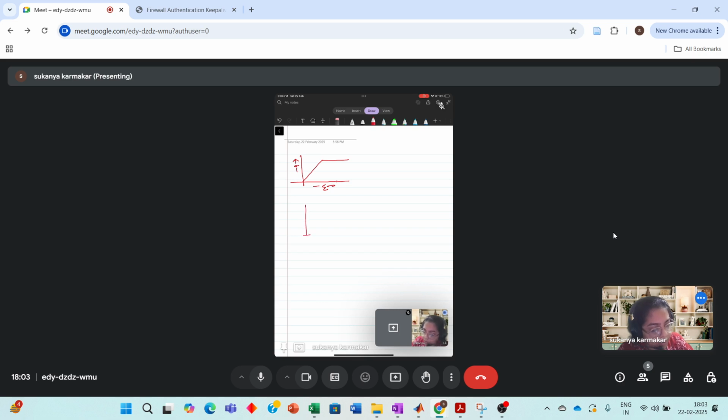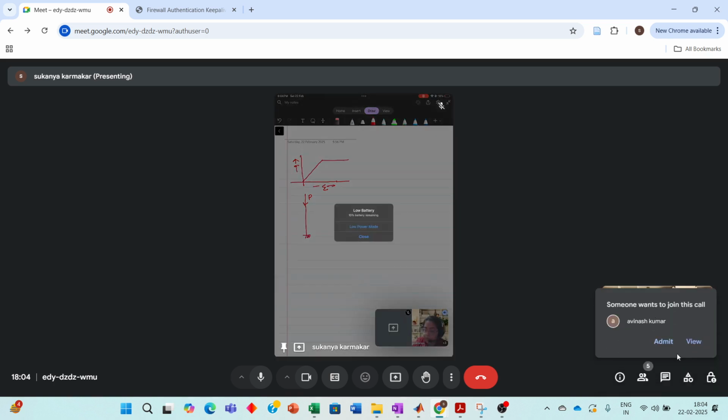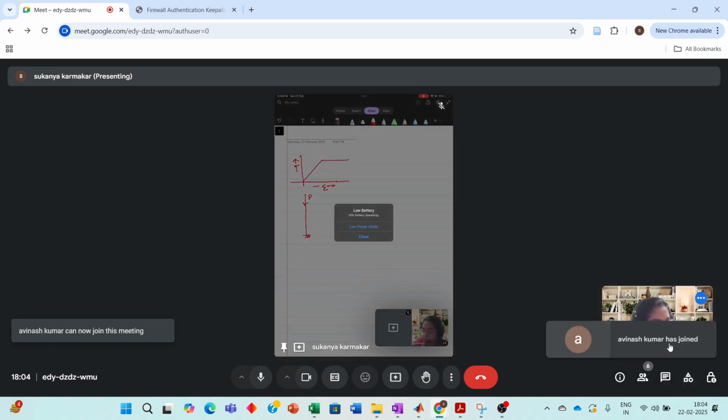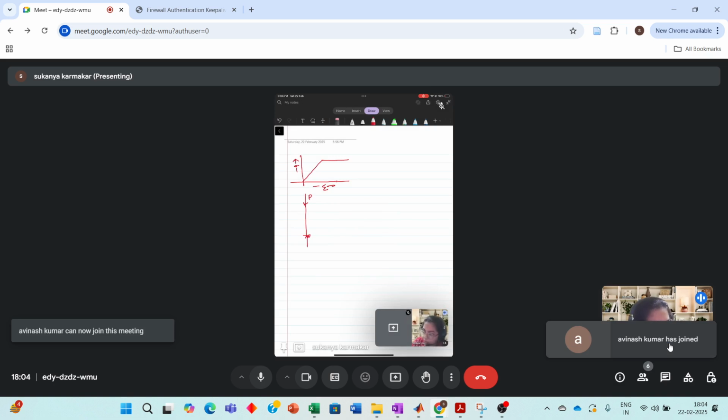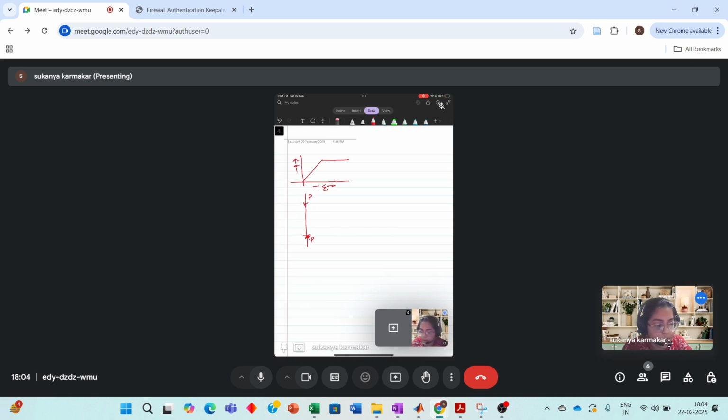If there is a column and you are applying a load like this, and let's say this is a small deformation problem, if you write down the equilibrium equation, it will be something like this. I should have removed the support and put in the reaction.